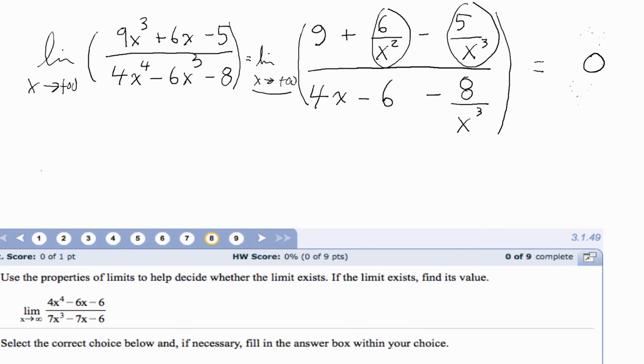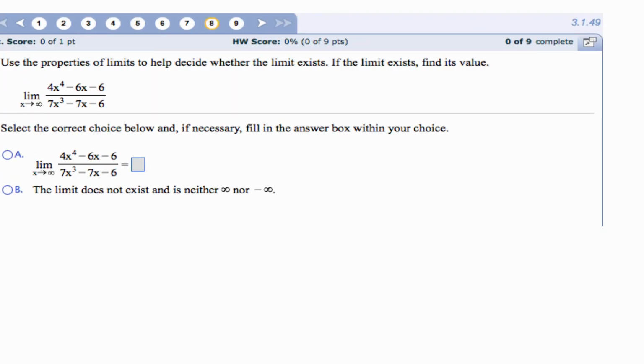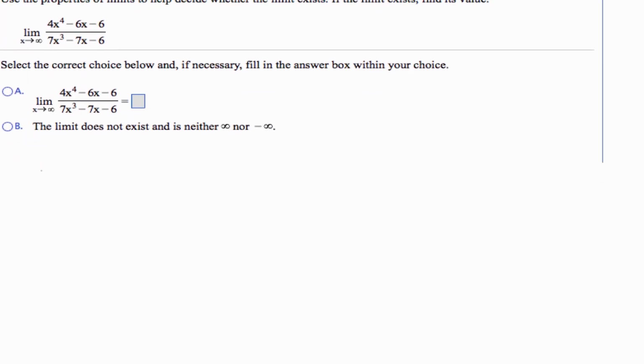Okay, let's take a look at the other situation. In the other situation, just the opposite is happening. This is the next example. When we rewrite this, we get 4x to the 4th minus 6x minus 6 divided by 7x cubed minus 7x minus 6.